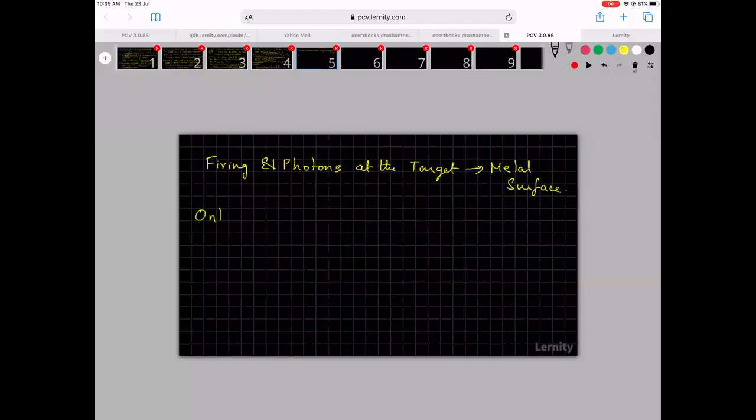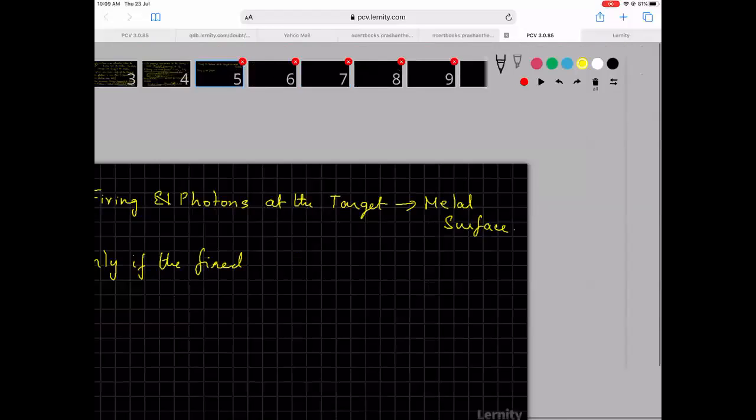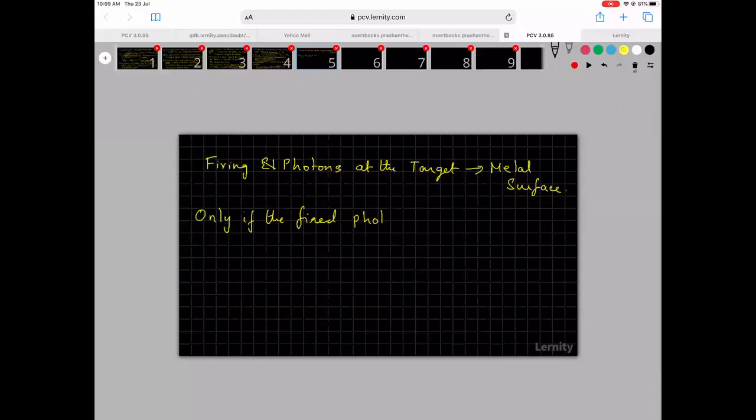Now, only if the fired photon, I always write electron, I should be writing photon, has more energy than the threshold energy, there will be a photoelectric effect. Otherwise, there will be no photoelectric effect.